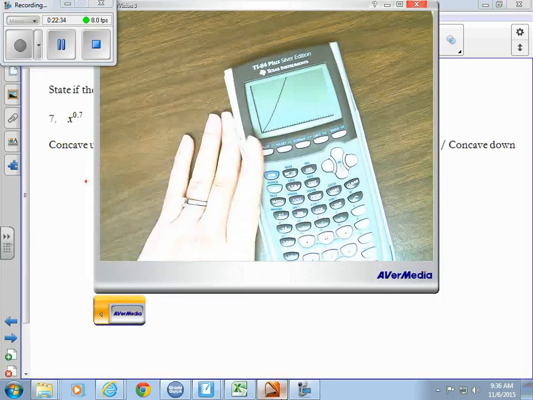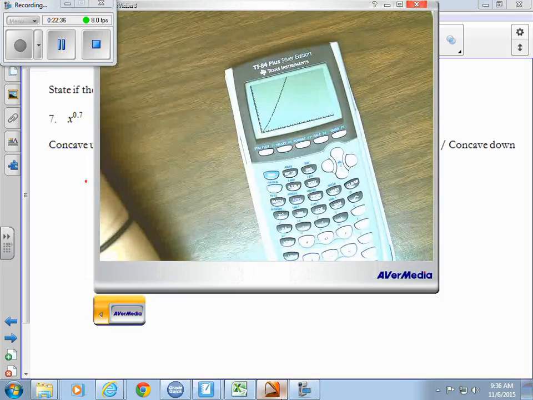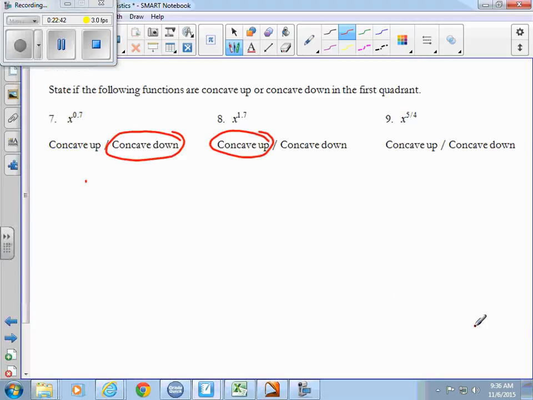I left my window the same. Do you feel like you can tell which way it's curving? Which way? Up. I agree. So those are just look at the picture and see concave up. No, 5/4.